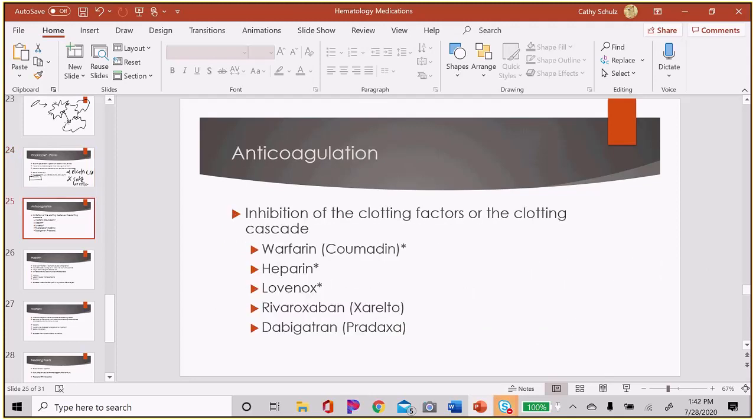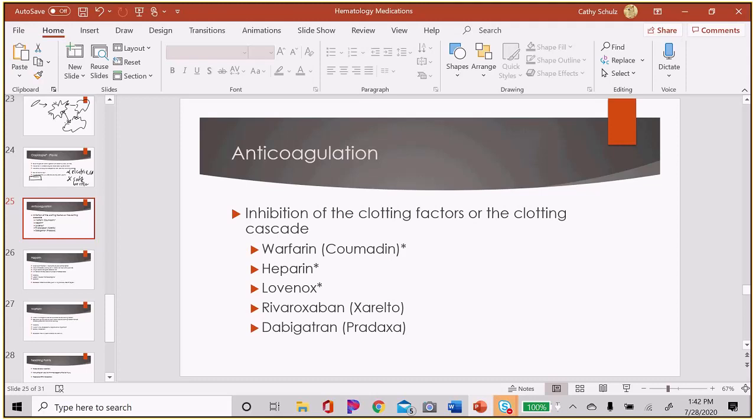And then the next step, if you want to do something more because the patient's risk is even greater, you could actually use an anticoagulant. So aspirin and Plavix or Clopidogrel are both antiplatelet medications.